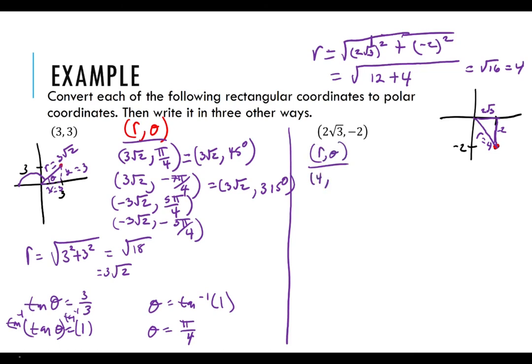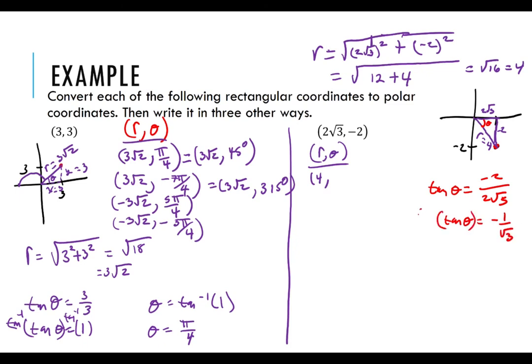And let's just do the first one I see, which is a rotational angle. That's a negative rotational angle of theta, but let's figure out what that is. Well, tangent of theta is equal to y over x, or negative 2 over 2 root 3, which does reduce to be tangent of theta is equal to negative 1 over root 3.